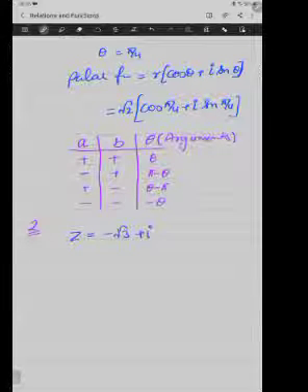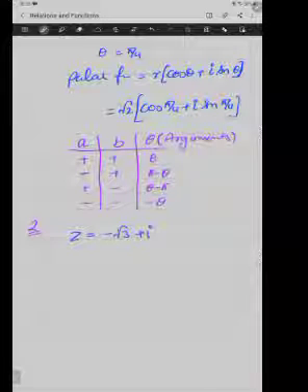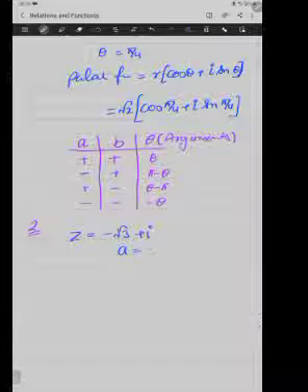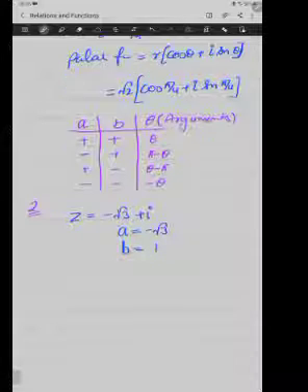Think once, then I will start. So over here, a is minus root 3 and b is 1. The coefficient of i, that is b, is 1.